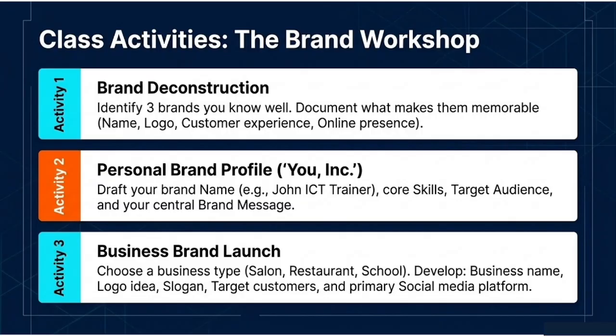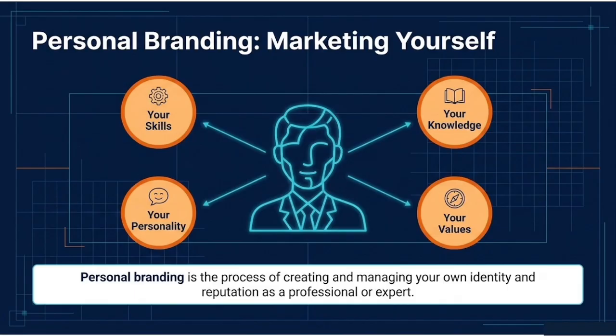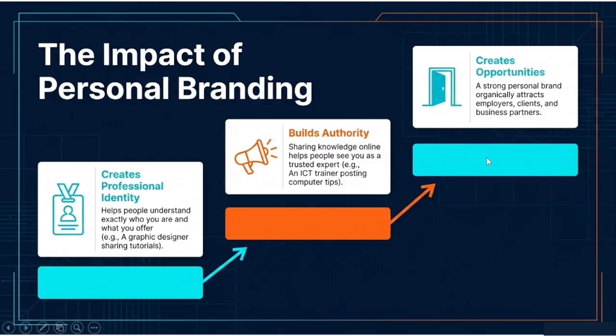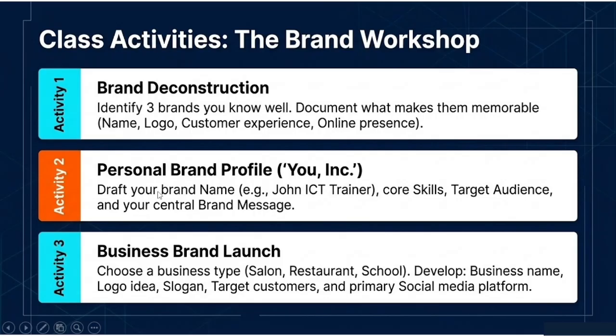And then you are going to outline your core skills. Of course, these skills should be connected to your brand, to your personality, or what you know. Remember, we said when it comes to personal branding, you brand yourself basing on your skills, your personality, and your knowledge. So you try to draft your brand name, your core skills, then the target audience.